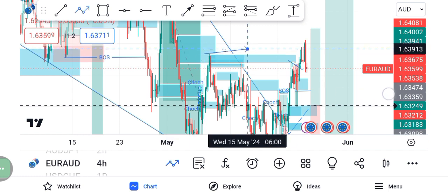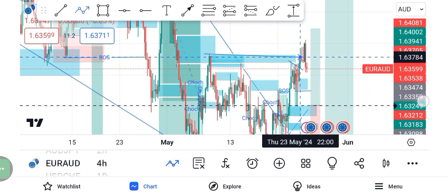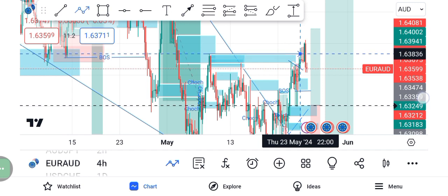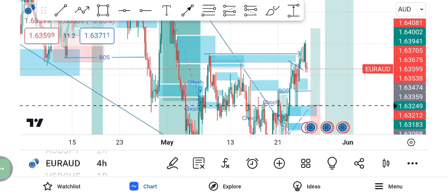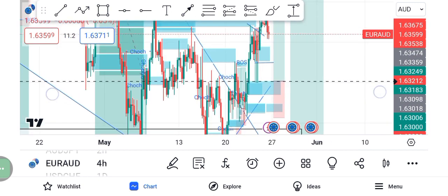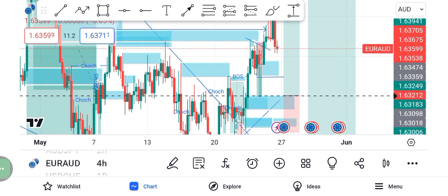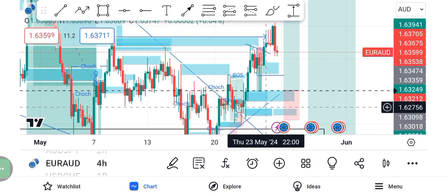You can see that it broke this high already. We can call this a change of character if we want. So I expect price to pull back into this demand level, into this other block, and I'll be longing.